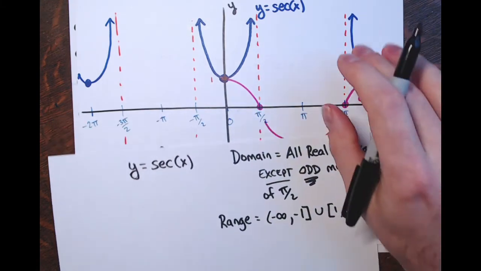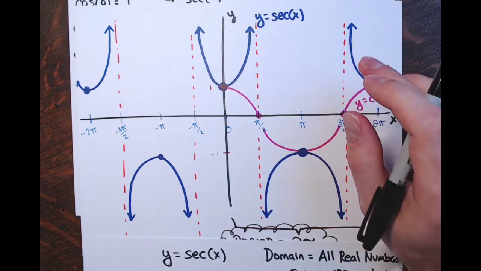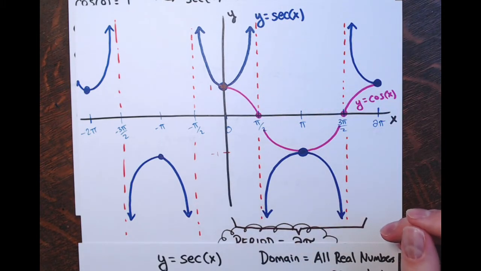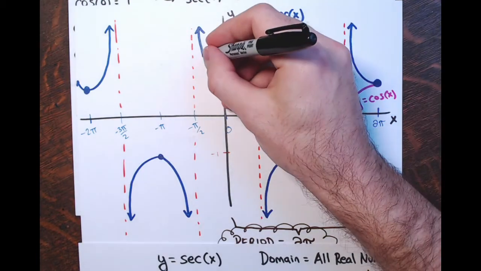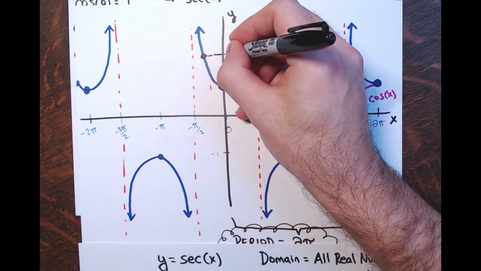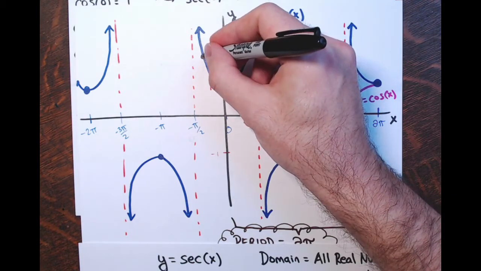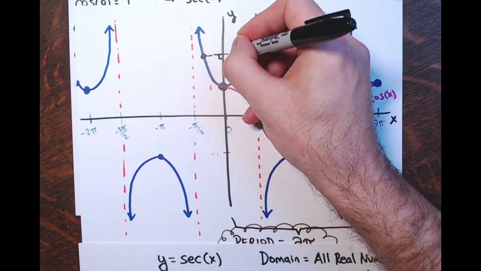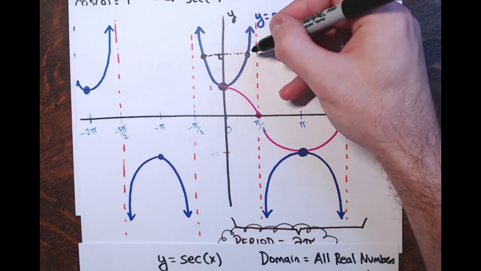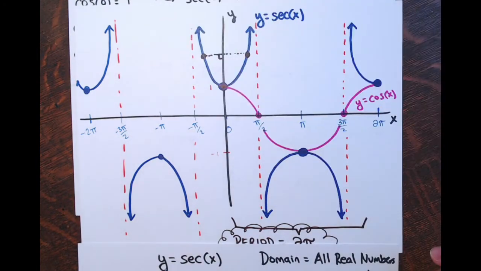Now, this graph, just like cosine, has y-axis symmetry. Look, if I start from any point on the graph, go to the y-axis, and then go the same distance across, I'm on the graph again. Reflecting across the y-axis doesn't change the graph.